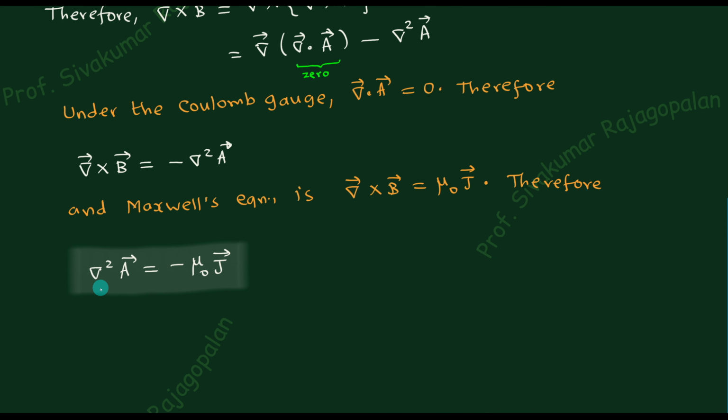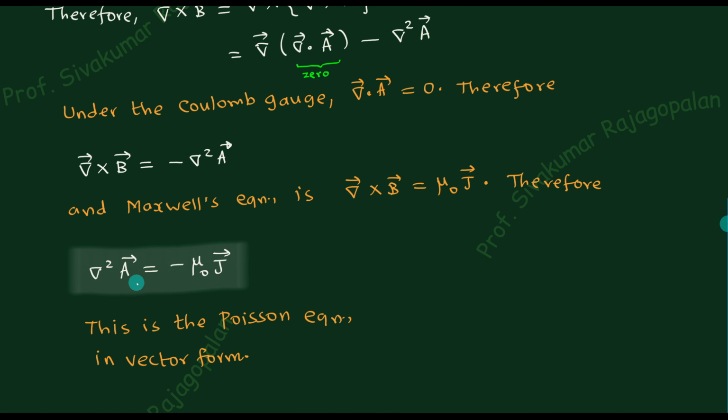So basically this is nothing but a Poisson equation, but there is a vector quantity there, therefore this is known as the vector Poisson equation. So I would like to write that down. This is the Poisson equation only, but in vector form. Of course there is no difference between vector form or scalar form. Vector form means it is equivalent to 3 scalar Poisson equations.